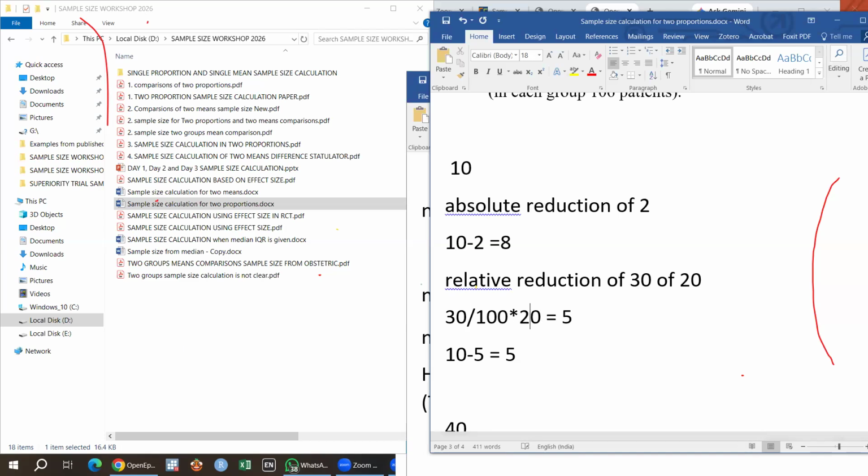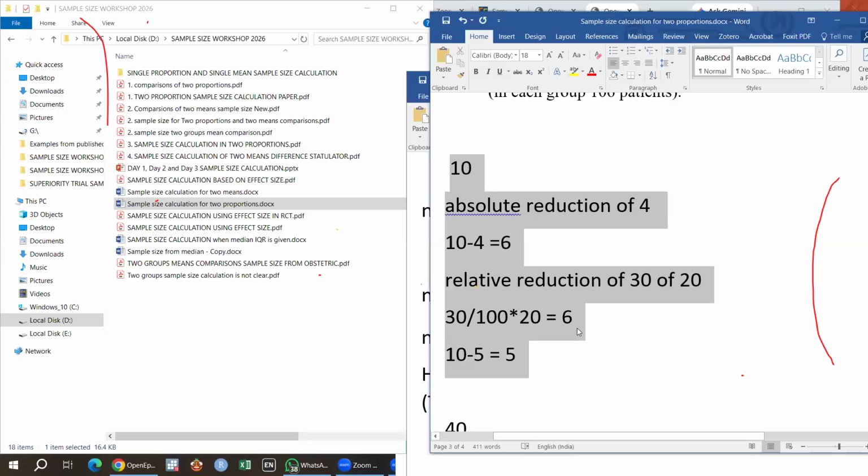So what will be the answer? It is 6. Then I have to write down 4 here. This is how to get absolute reduction or relative reduction.